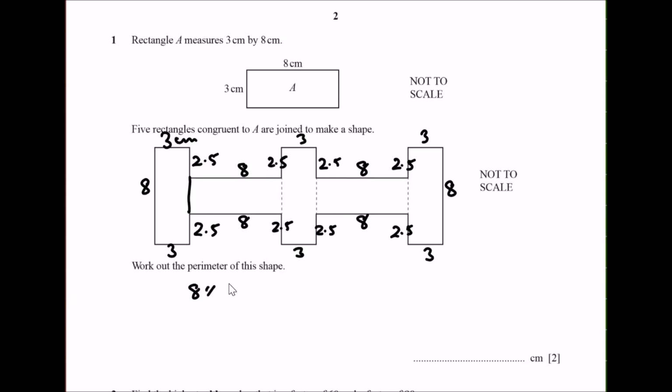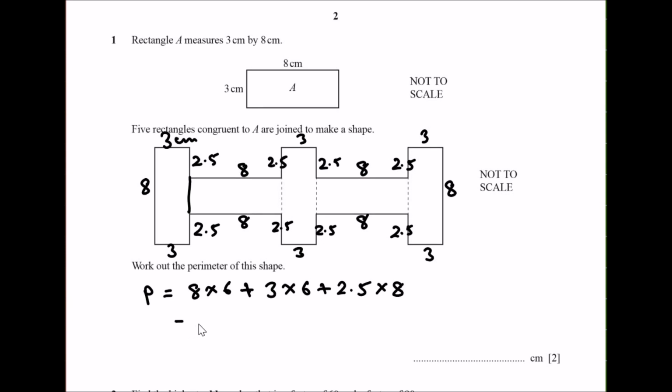So perimeter equals 8 into 6 plus 3 into 6, 3 also 6 times there, plus 2.5 repeated 8 times.